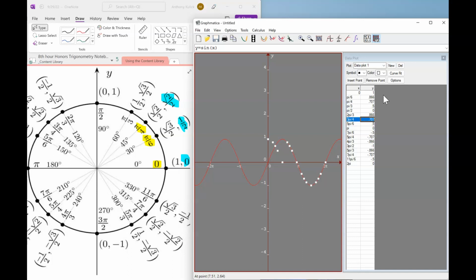And 2 pi over 3 and negative a half. And then 3 pi over 4 and that, okay? Oh my goodness, Mr. Kulik, what are you doing? What's wrong here? It's negative 0.5. And then negative there, okay.